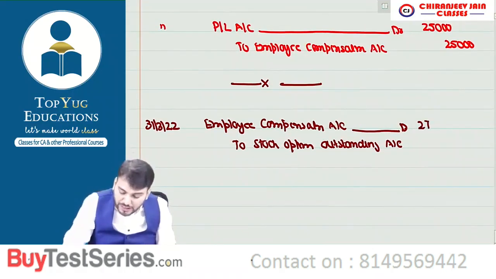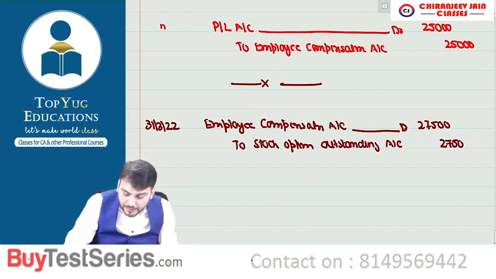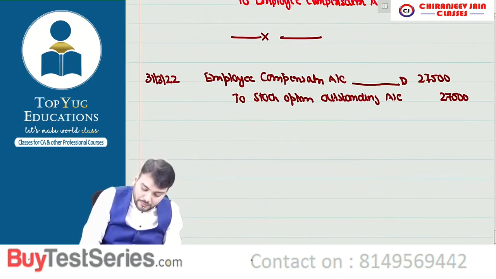So now we'll do the journal entry with 27,500. Correct. Then same date, what journal entry?